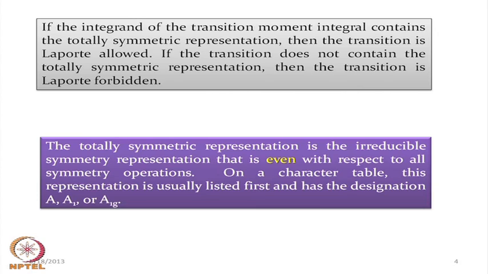If the metal complex we are considering is of Oh symmetry, then we perform the symmetry operations, and the irreducible representation should be even under these operations. In the character table these representations are usually listed first and have the designation A, A1 or A1g. These are the totally symmetric representations we can typically find from the character table of the symmetry point group.